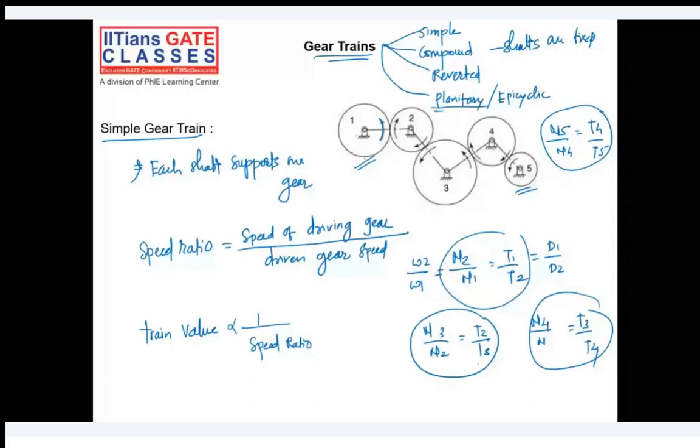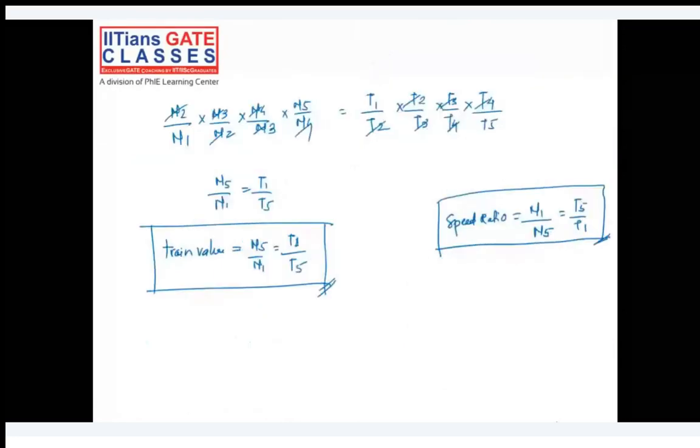Whatever is the value of N2, N3, N4, whatever is the value of T2, T3 and T4, it's ultimately getting cancelled in this expression, and the train value and the speed ratio just depend on the first and last gear, and intermediate gears don't have any effect.